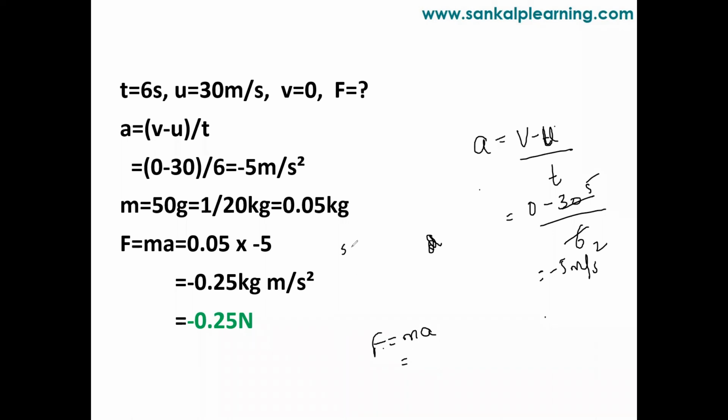So we need to convert this 50 grams into kg. How we will do this is 50 divided by 1000. That is nothing but 0.05 kg. So mass is 0.05 kg and acceleration is minus 5. So 0.05 kg into minus 5 is nothing but what? 0.25. It is minus 0.25 Newton is the answer. Okay.